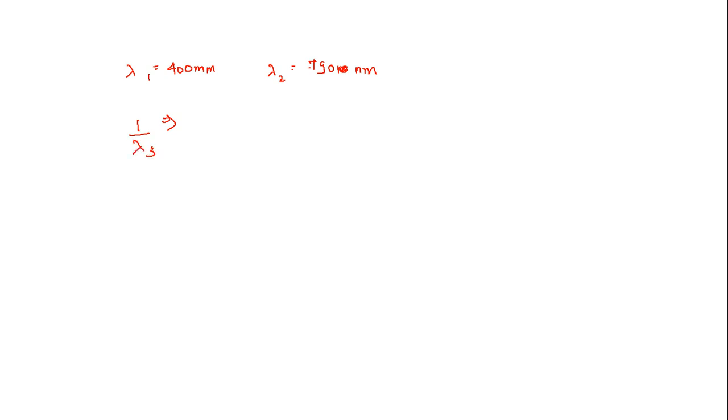So, as usual, we'll do it in a bit short way: 1 upon lambda 3 is equal to 1 upon lambda 1 plus 1 upon lambda 2, and therefore 1 upon lambda 3 is equal to 1 upon 400 plus 1 upon 790, or say I kept it to be 780.